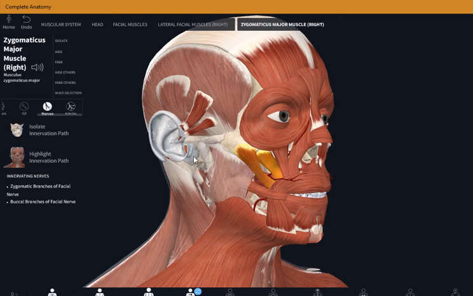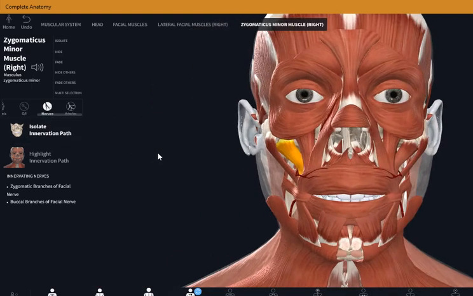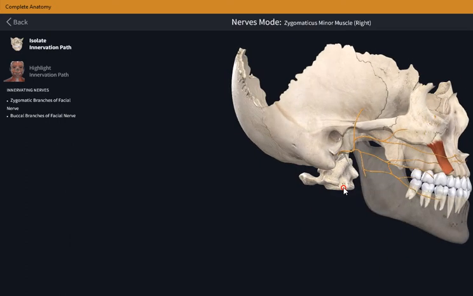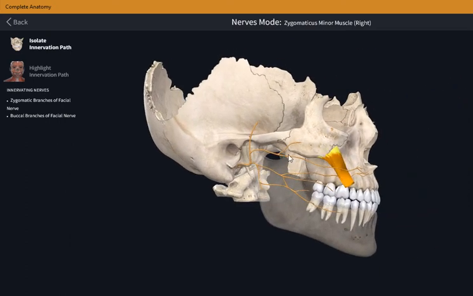For the zygomaticus minor, I can already expect it to receive from the zygomatic portion, because of its name, and also from the buccal region. Let's isolate and find the nerve. You see here that it has facial nerve origin from the zygomatic part and the buccal part of the facial nerve.